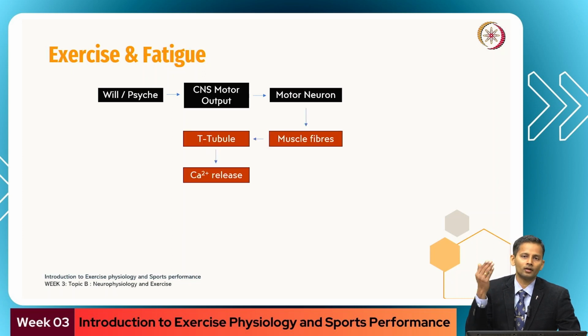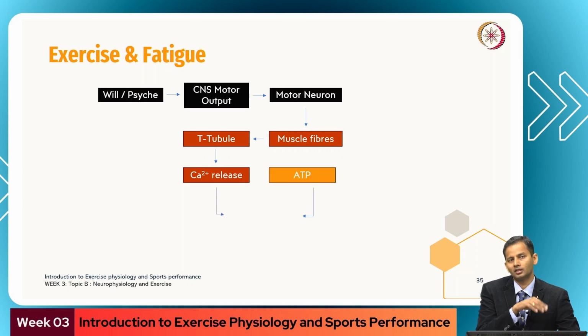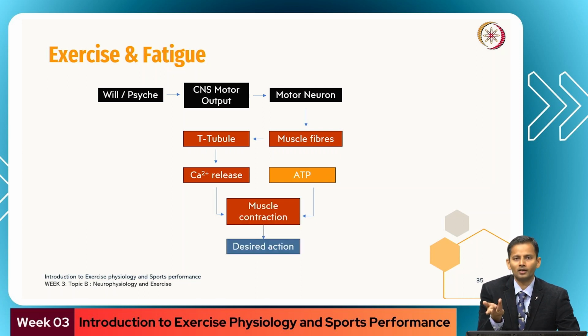The motor neuron relays the signal to the muscle fibers at the neuromuscular junction, and from there it reaches the T tubule, from where the calcium release is seen, and along with the availability of ATP, a muscle contraction happens to do that desired action.